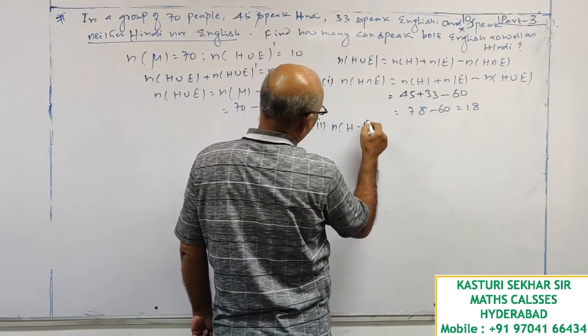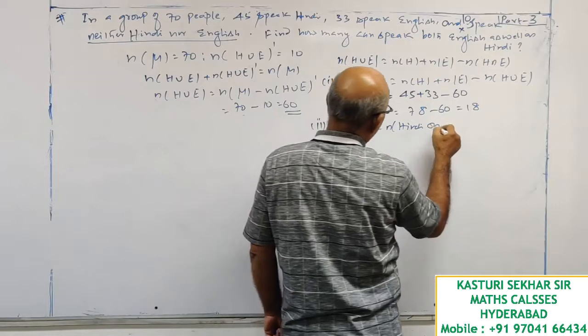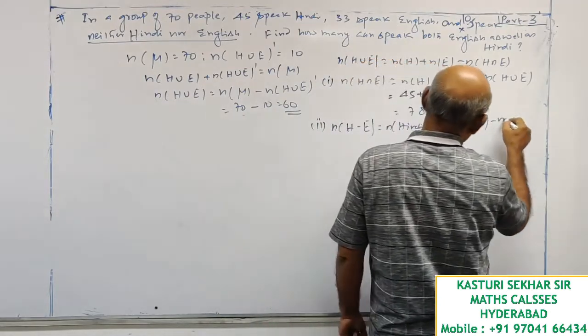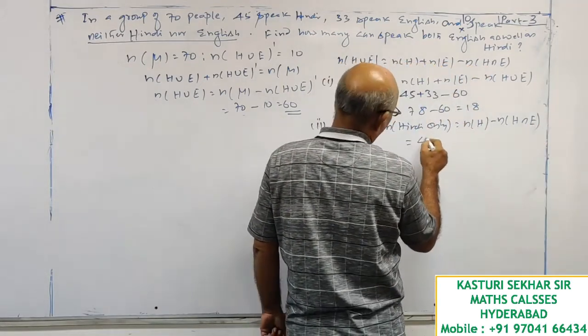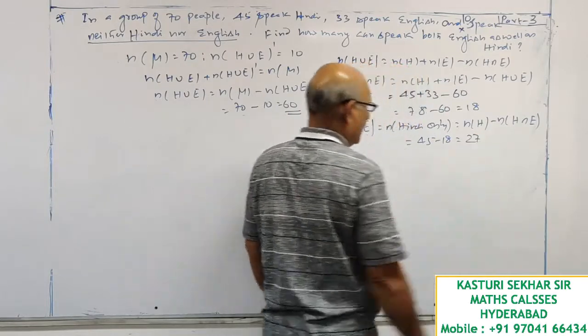N of H minus E, Hindi only. N of H minus n of H intersection E. N of H 45 minus 18, 27.